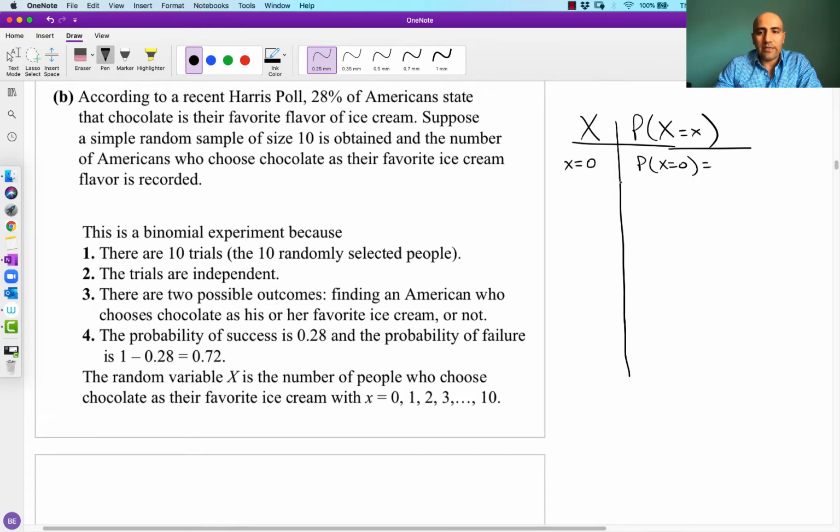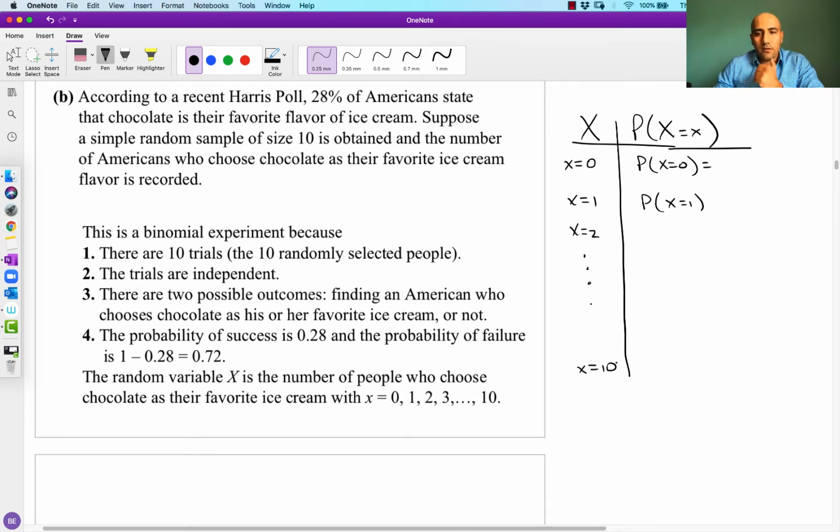That's to be determined in a little bit. The random variable could also take on the value 1. Exactly 1 out of the 10 people said that chocolate was their favorite. So we're going to have to figure out this. What's the probability that exactly 1 out of the 10 people said that? Good. And so X can take on the value of 2 and 3 and 4 and so on and so forth.